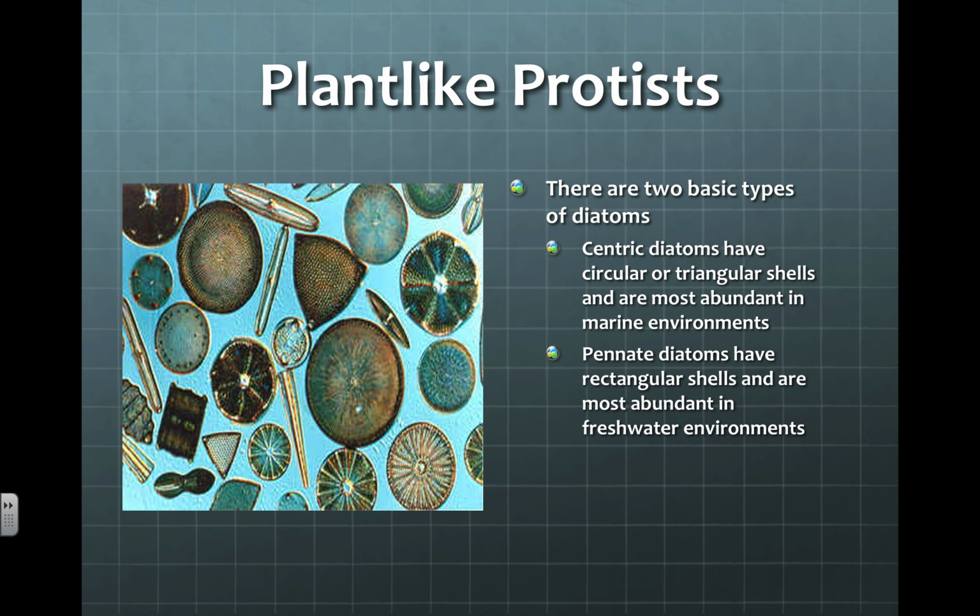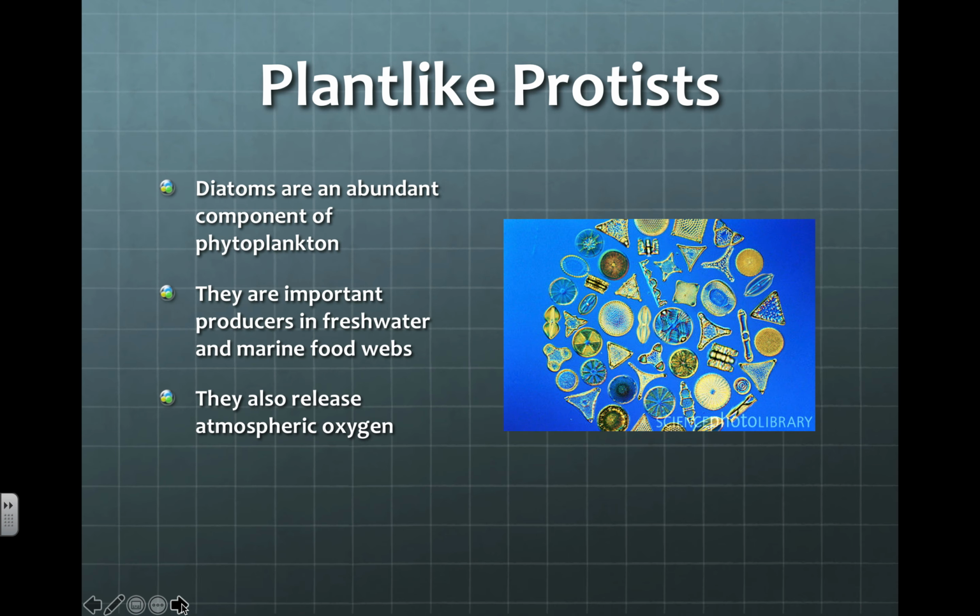Pinnate diatoms have more rectangular shells, and they're abundant in freshwater environments. So the diatoms can be in freshwater and in marine water, though they're most known for being in marine.